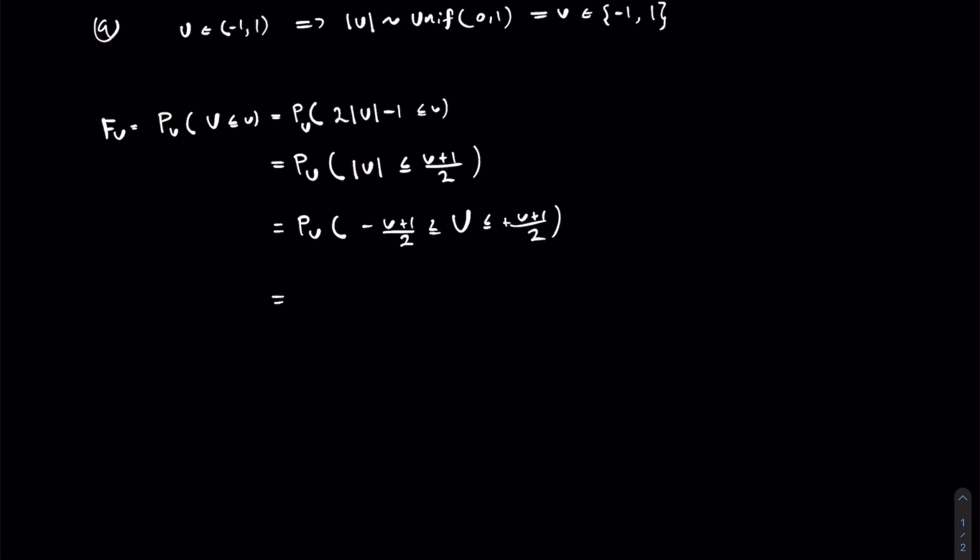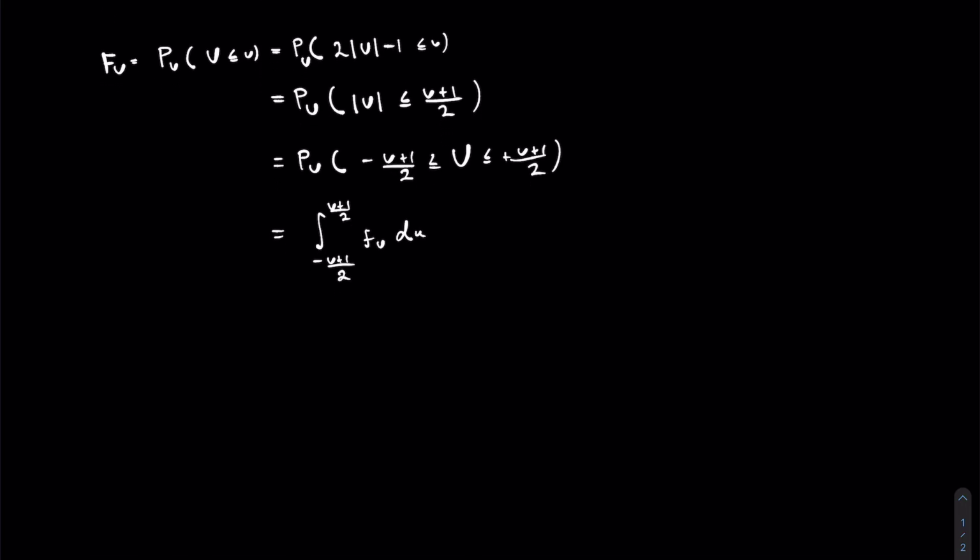So that is simply the integral from minus (v plus 1) divided by 2 to (v plus 1) divided by 2 of the PDF of u over u. And the PDF of u, this we know, is a uniform, so this value here is simply a half.